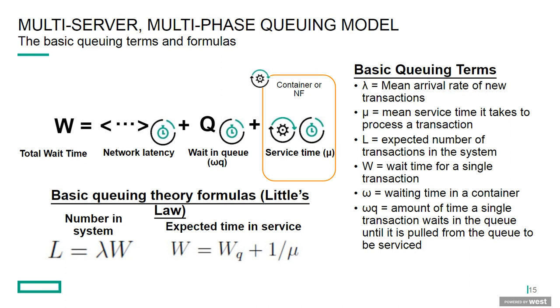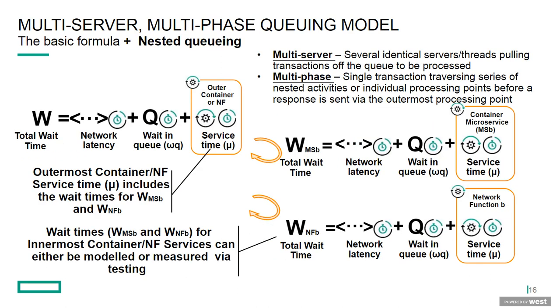And W represents the wait time for a single transaction, which means the service time plus the queue time plus the network transport latency. The Greek letter omega, on the other hand, just represents the waiting time in the container, which basically means the queue time plus the service time for each individual transaction from the time it enters the container to the time it leaves the container. And W_Q, of course, omega Q, represents the waiting time just in the queue.